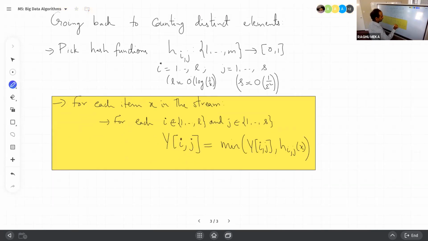All right, and output. So that's how you process the stream.